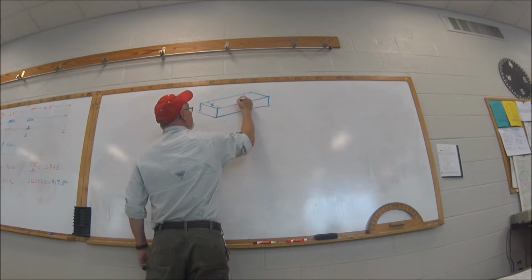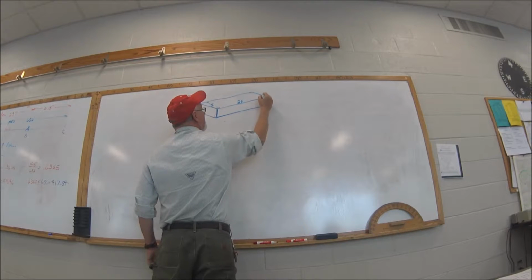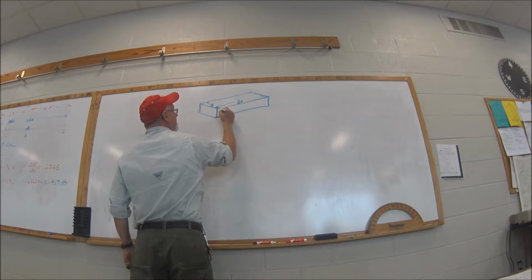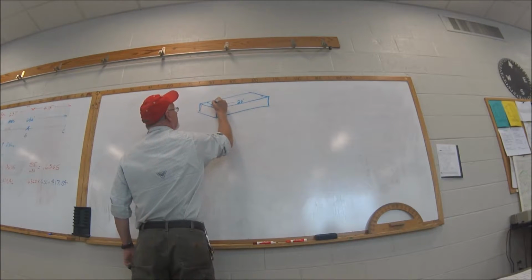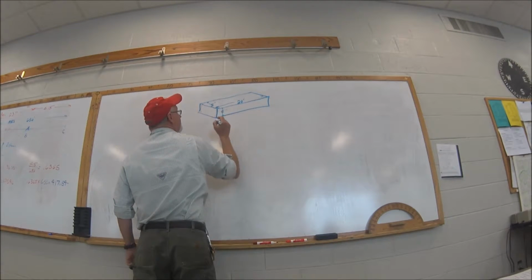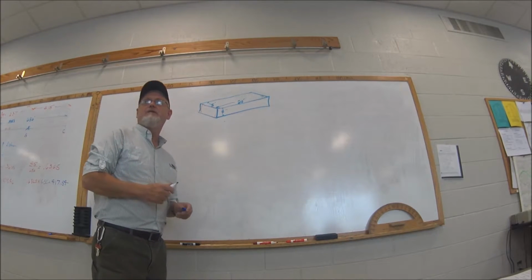It's going to be 20 feet long. And it's going to be 4 inches thick. These are feet. Okay, don't forget when you do that, convert your inches to feet.